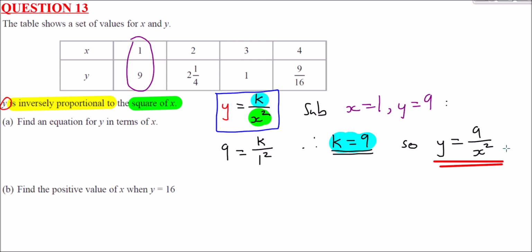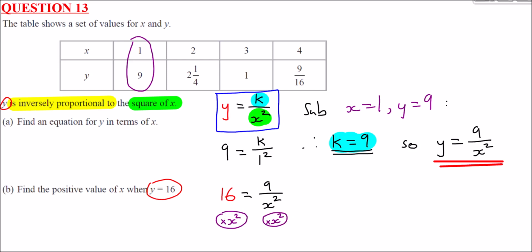Part B, find the positive value of x when y is 16. So we're just going to sub in that y is 16 now into this equation we've got. So we know that 16 equals 9 divided by x squared. My suggestion here would be to multiply both sides of this equation by x squared. So we've not got this x squared on the bottom of a fraction, which just makes it look a bit more awkward.